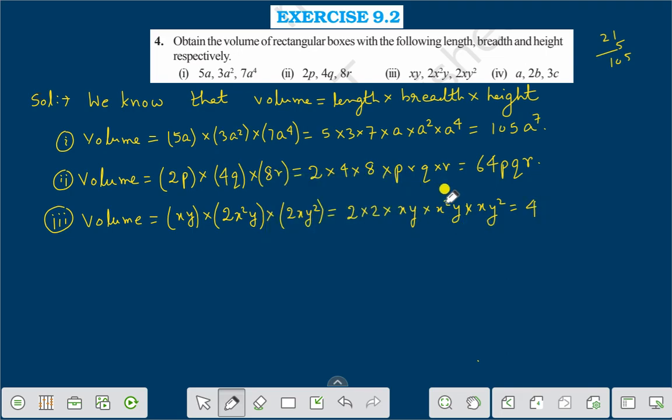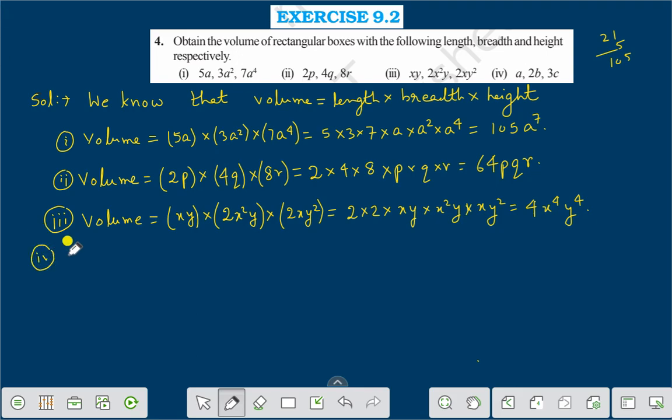Here you see x square, x cube, x to the power 4, and y square, y cube, y to the power 4. It is 4 x to the power 4 y to the power 4, and that is the answer.